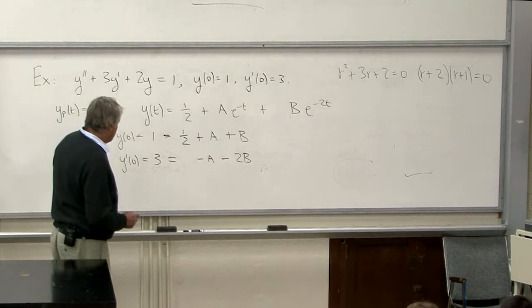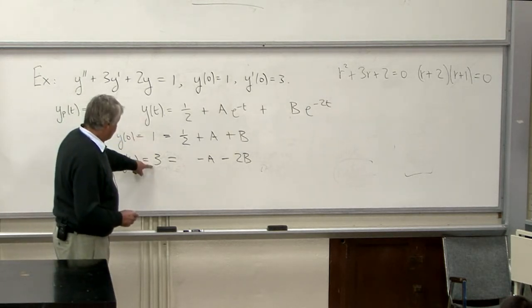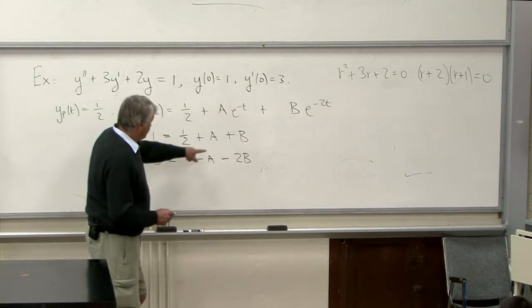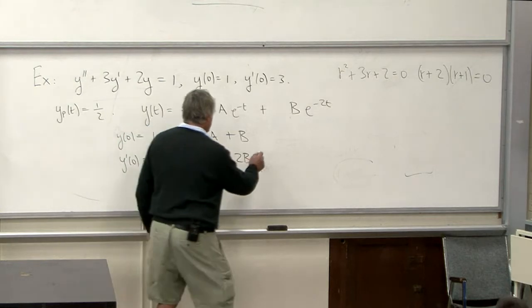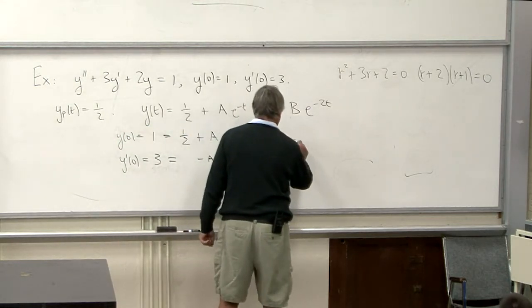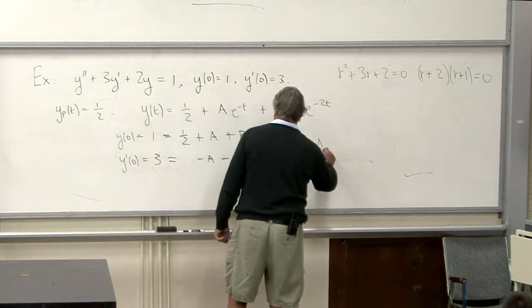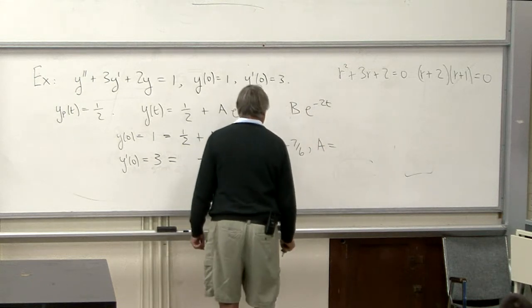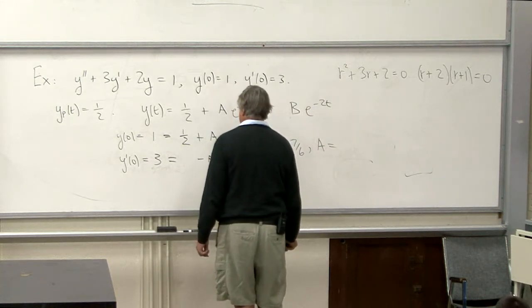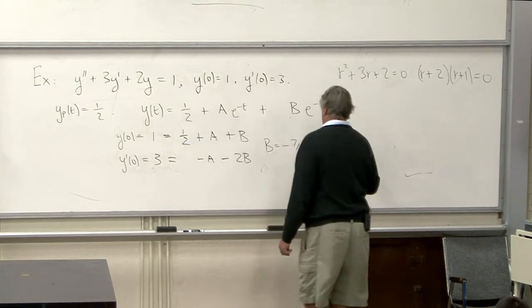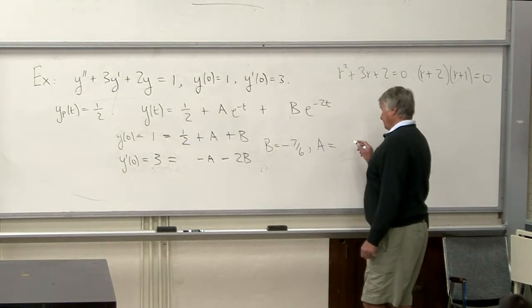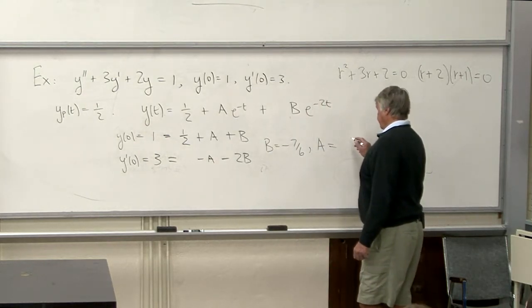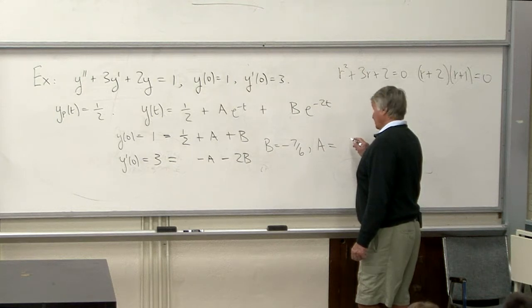I think it turns out that if I add those two equations, I get minus 5 over 2 is... so I think b is minus 7 over 6. And then a would be, if a plus b is a half... what would it be?